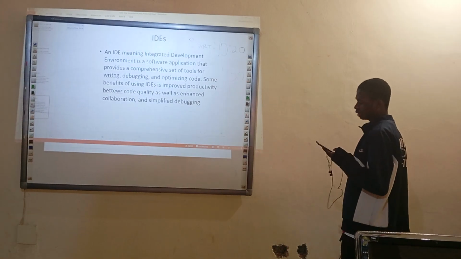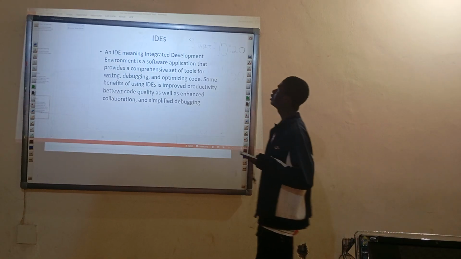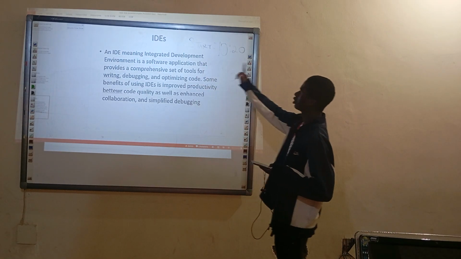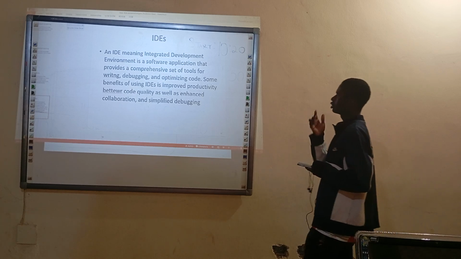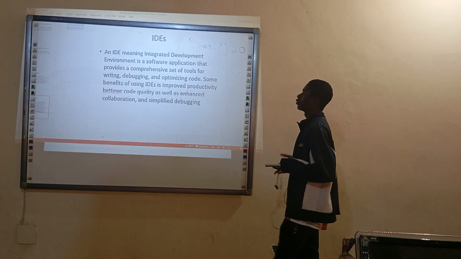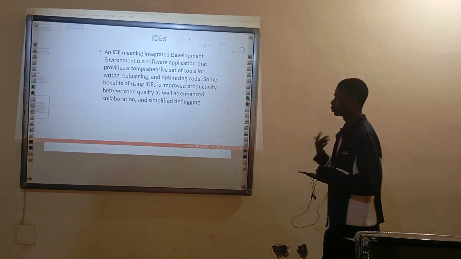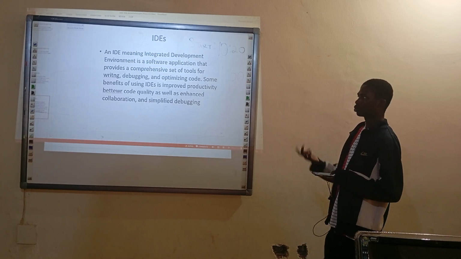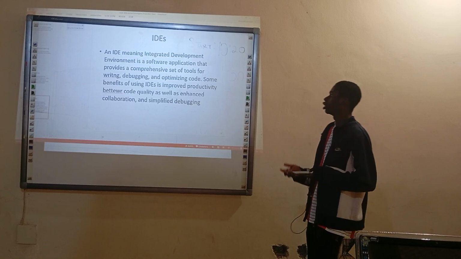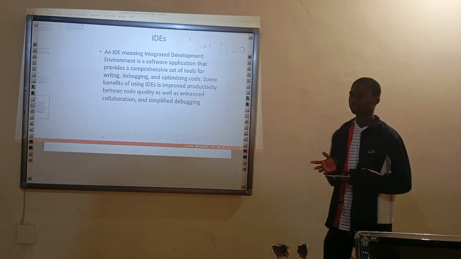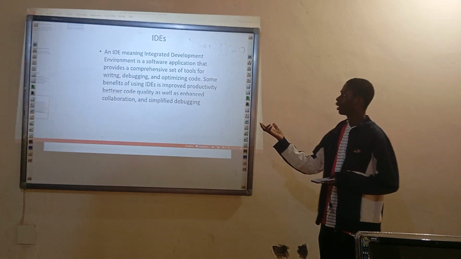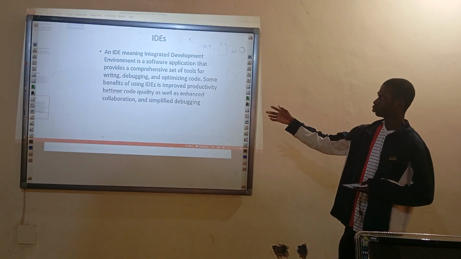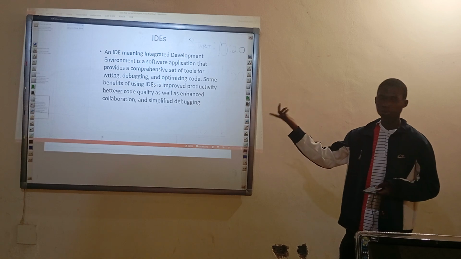We have IDE. IDE is another thing, meaning integrated development environment. It is a software application that provides a comprehensive set of tools for writing, debugging, and optimizing code. Now, in scientific computing, I can use VS Code as an IDE to write my code or debug or optimize it.